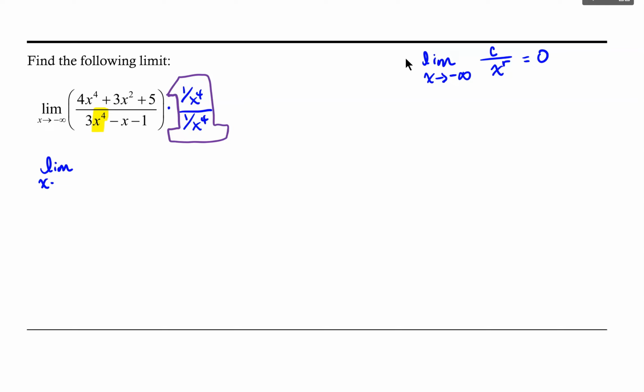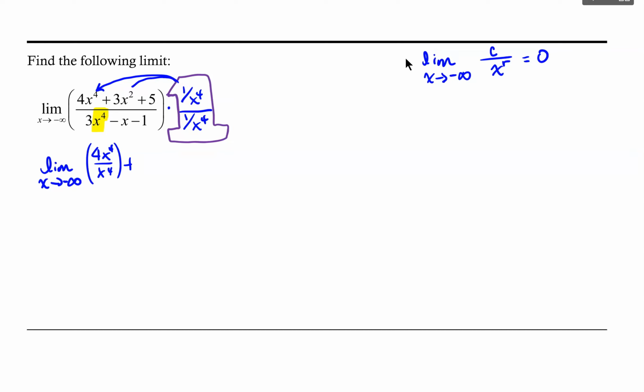Keep in mind, this is basically asking us a question: how does this function behave as x heads towards negative infinity? So using the distributive property in the numerator, I'm going to get 1 over x to the 4th times 4x to the 4th. So that's giving me 4x to the 4th over x to the 4th.